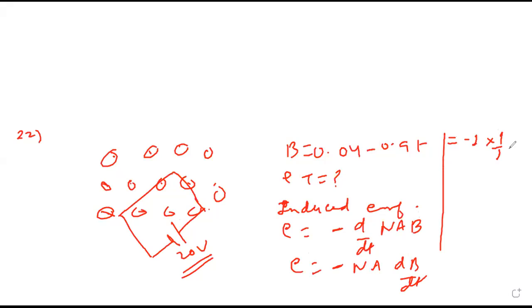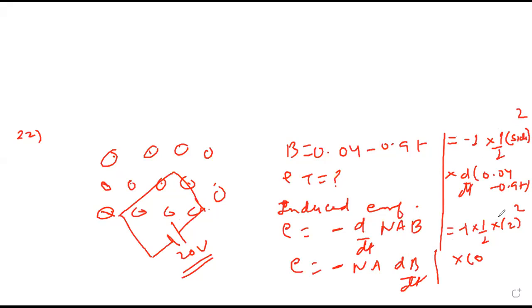Area is half of side squared because half of the loop is in the field, and d by dt of 0.04 minus 0.9 T. So this is minus 1 into half, side is given 2, so 2 squared, into d by dt of 0.04 minus 0.9 T. 0.04 is constant, so derivative is 0 minus 0.9. So this will become minus 1 into half into 4 into minus 0.9.